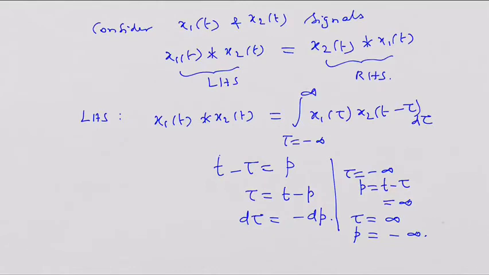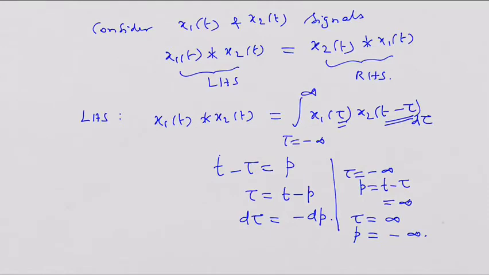If these two things are known to you, then you can simply make modifications replacing tau by t minus p, and t minus tau by p, right?